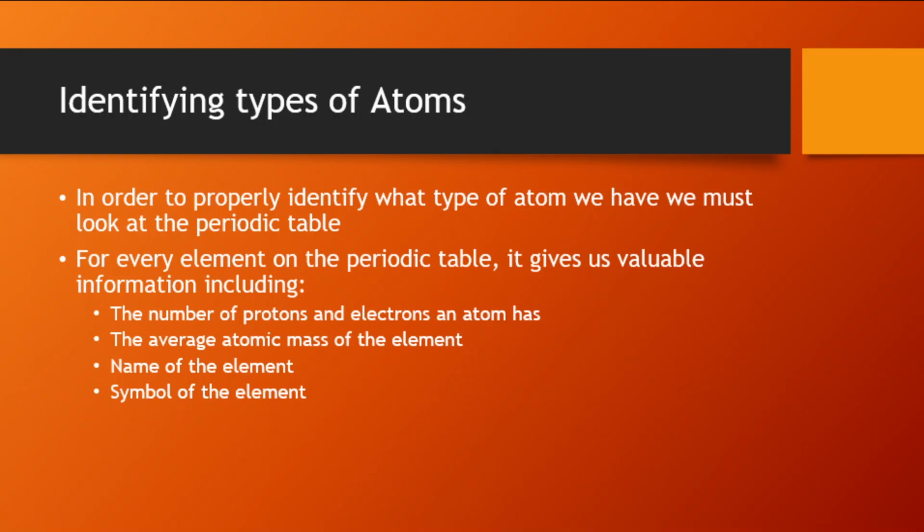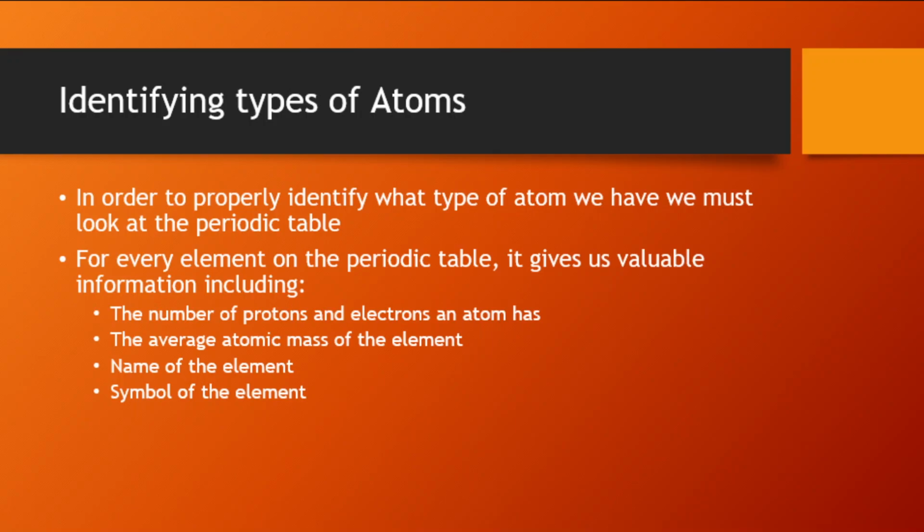In order for us to properly identify what type of atom we have, we must look at the periodic table. The periodic table is a chemist's most important tool in their toolbox. It's something that chemists go back to time and time again because there's lots of useful information we can take away from it.